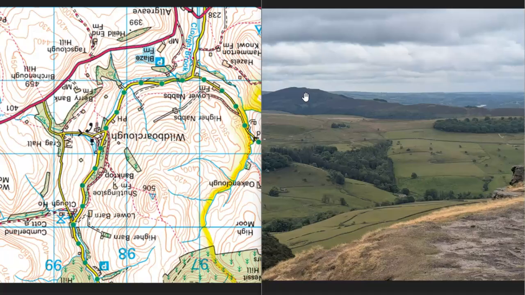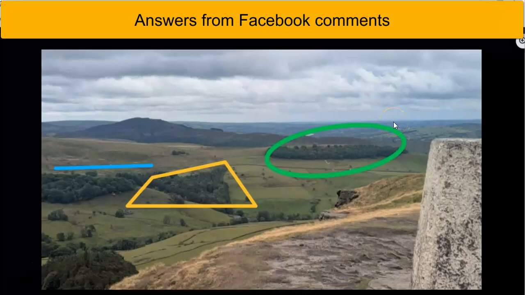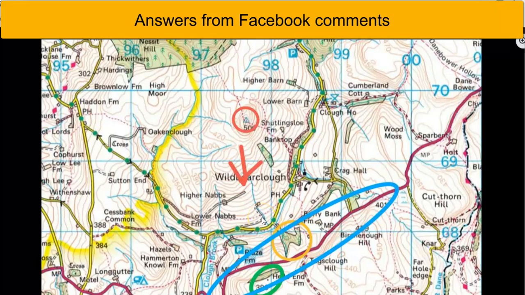So any decent answers on social media this week? Yeah, we had a couple, so let's have a quick look. This one was sent in by Joel Studzinski. Well done, Joel. He's got 3 different colours for trees, road and trees, and he's highlighted those on the photograph. He's also annotated the map with green for the trees, blue for the road, yellow for those trees, and shown where he thinks the photo is taken from.